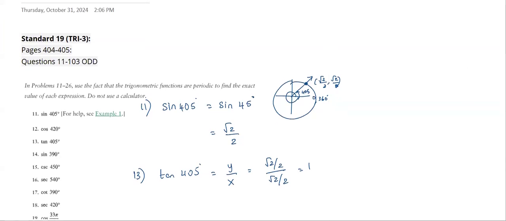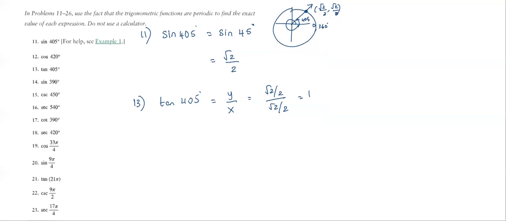The next problem is question number 15, and it asks: what is cosecant 450 degrees? Now again, let's find out where the 450 degree angle is. So 450 is 0 to 360, 1 revolution.